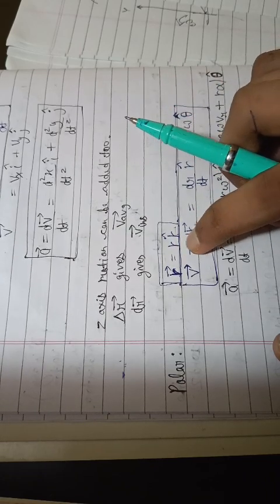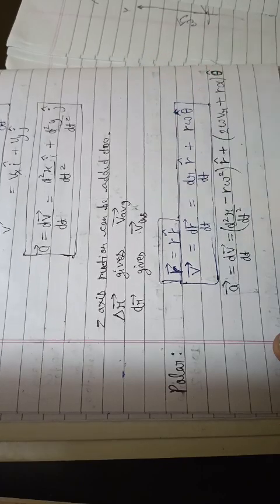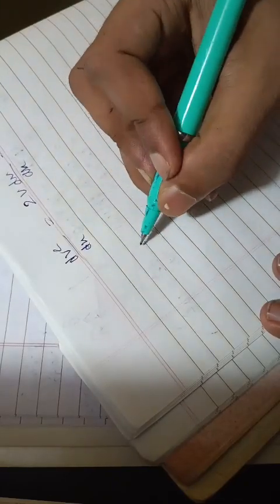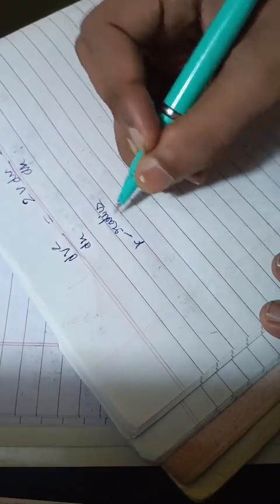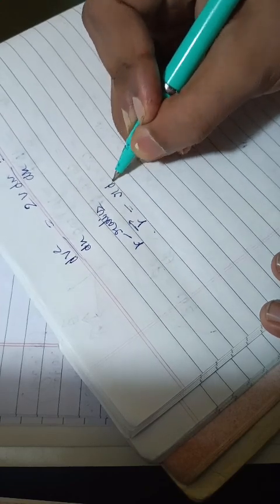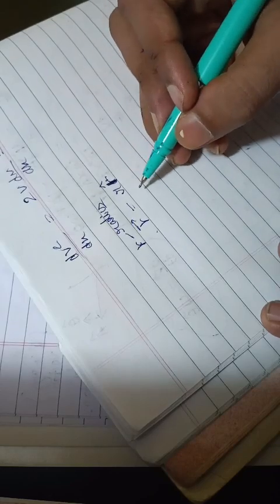This is the radius. The change in radius is given by dr by dt, not the dr vector by dt. So this is the radius. This can be written as r vector is equal to r r cap. So don't get confused.